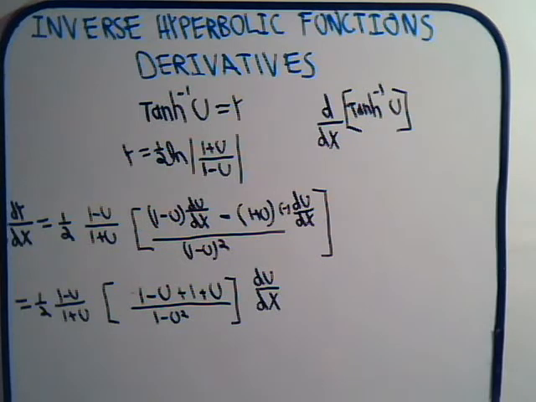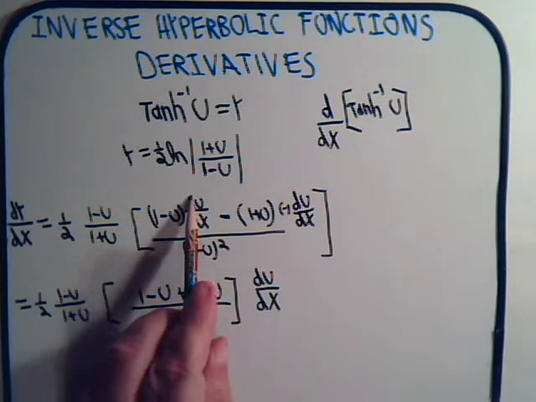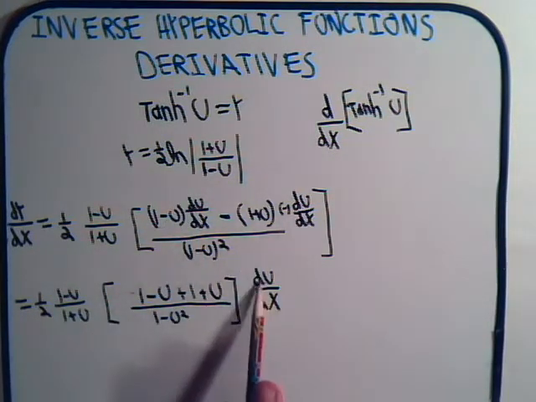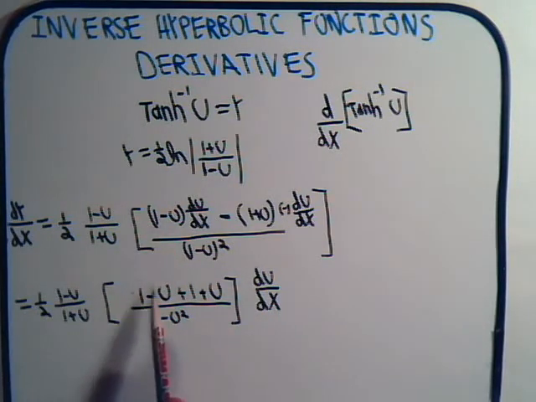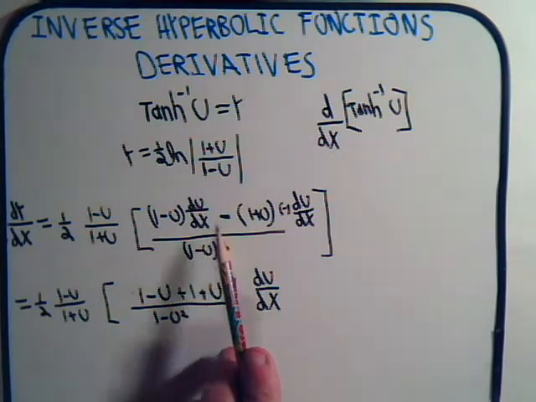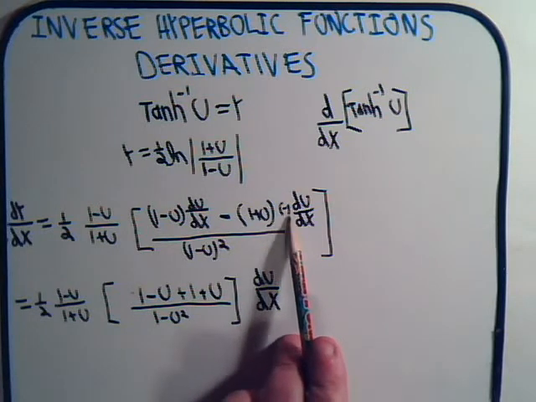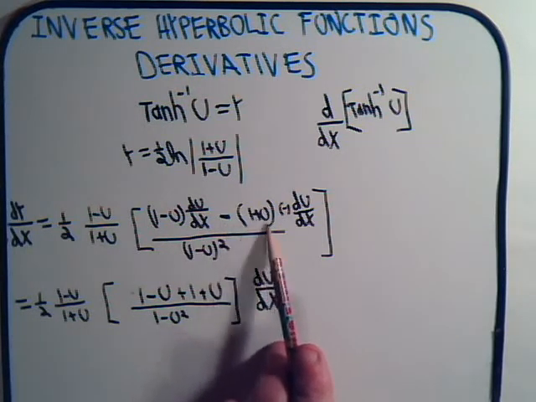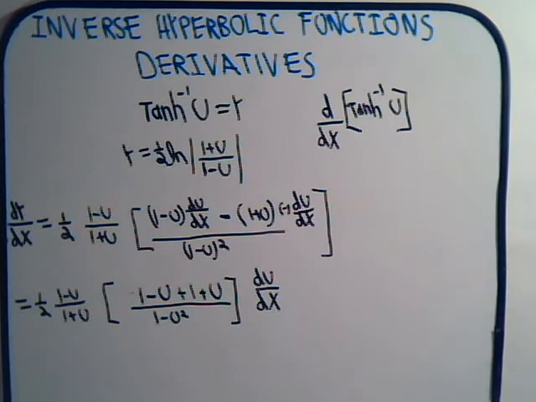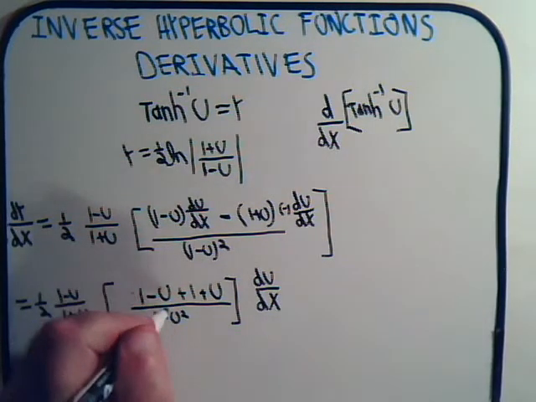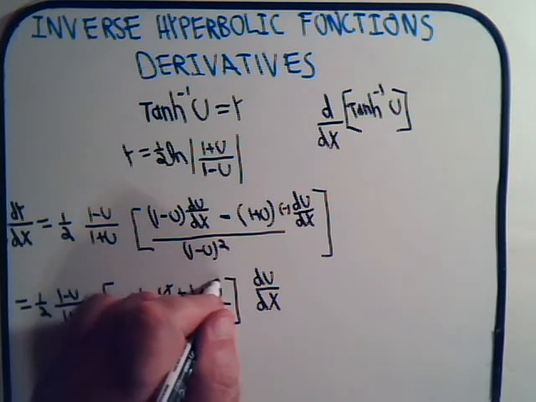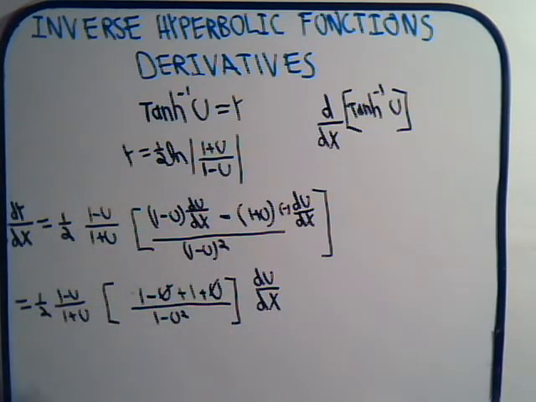Okay, let's just see before we go on here. We factored this out. This is 1 minus u. Here we have a minus sign, but here we have a minus sign, so that becomes plus, and this should just be 1 plus u, which is what we have here. But it looks like up here, these u's are going to cancel out. And then here I have 1 plus 1 is 2. I've got a 2 down here. So let's see.